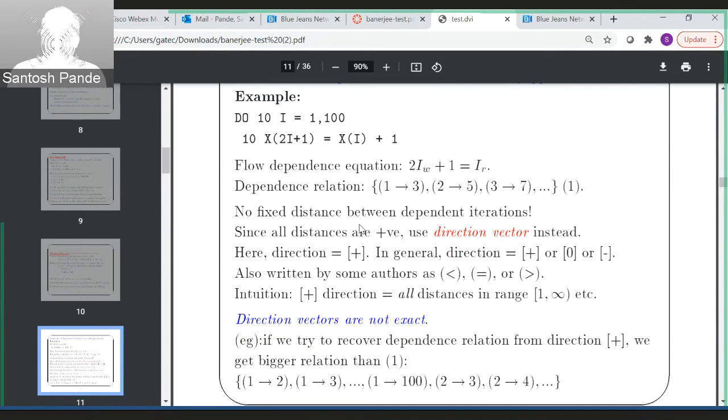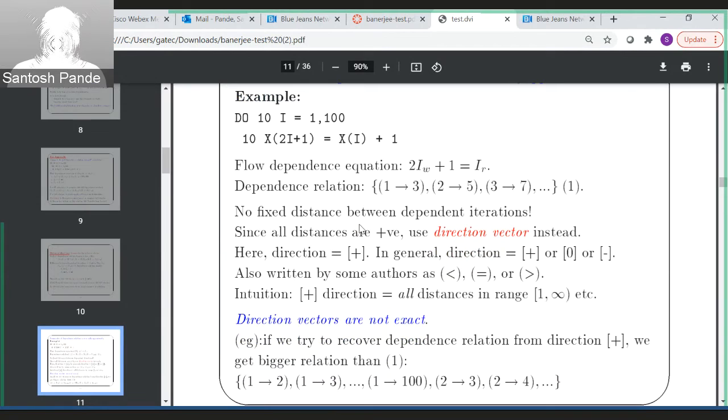And here we cannot get a dependence distance, because if you really look at the references, the distance itself is varying. From 2iw plus 1 equal to ir, if we do this iw minus ir, you can see that that will lead to a varying distance. So since it's not fixed, we are not able to get it.